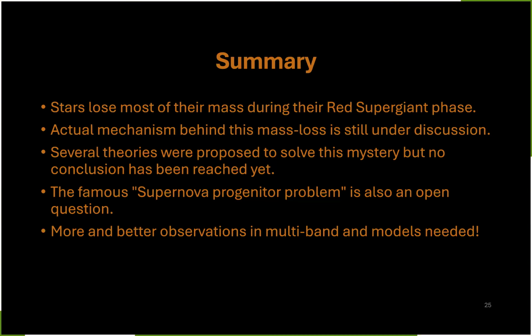I'm currently the guest editor on a special issue on red supergiants being published by MDPI. So I wanted to draw that to your attention. We have 8 review papers that will be published in this special issue. 5 of them are already posted on the website for the special issue.